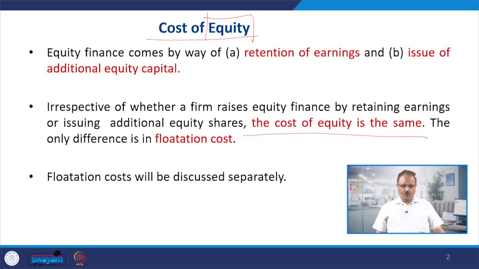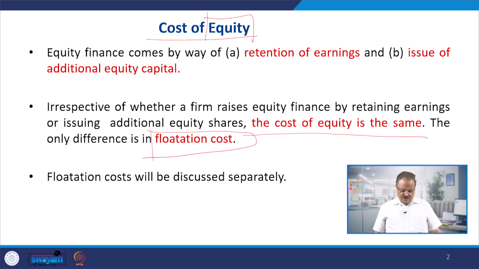The only difference can be in terms of flotation cost, because you pay flotation cost for raising equity through IPO and FPO, but you don't pay any flotation cost when you add retained earnings into the equity capital of the business. So no flotation cost is paid. Only in that respect are retained earnings and other equity different.